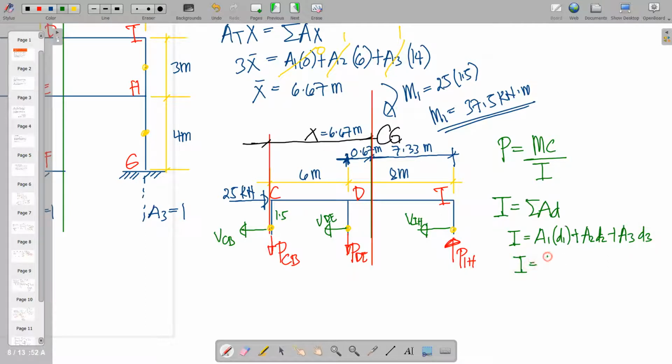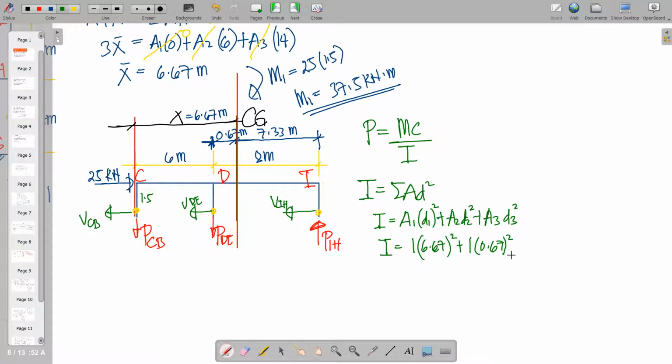Area 1 is 1, times 6.67 squared, plus area 2, 1 times 0.67 squared, plus area 3, also 1, times 7.33 squared.